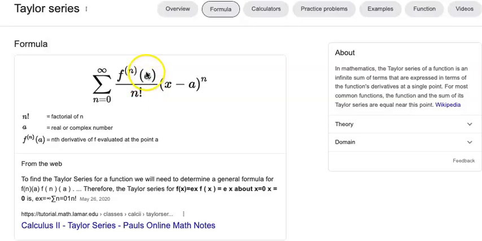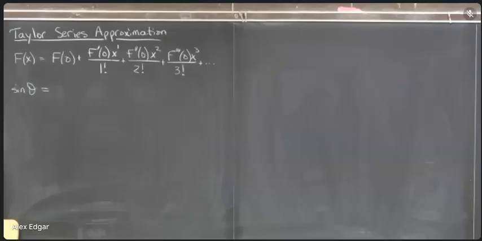Now I plugged in 0 for a here because I want it to be around the angle 0, also known as the vertical for us. But you can do this around any point on the sine curve.